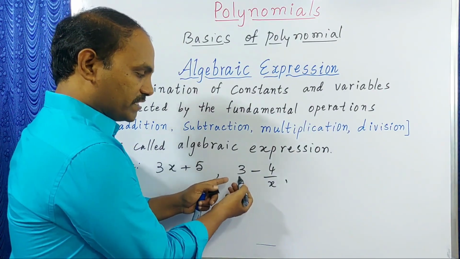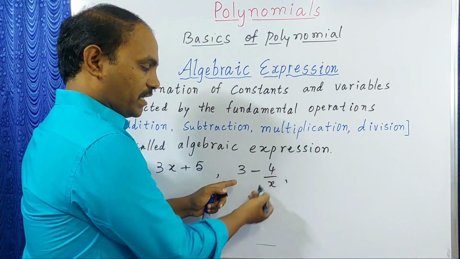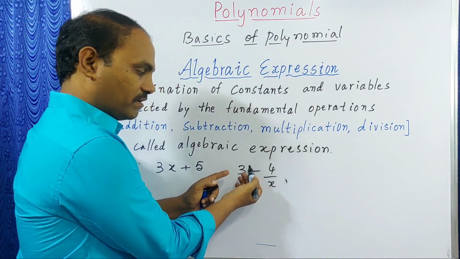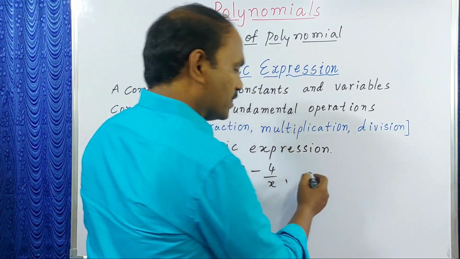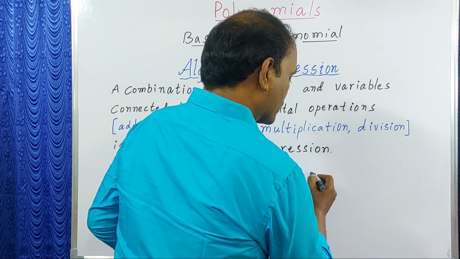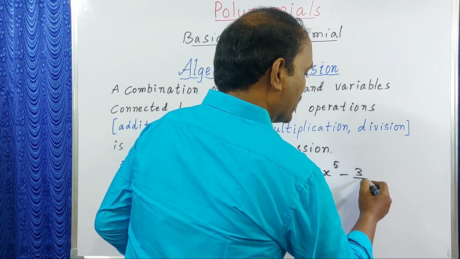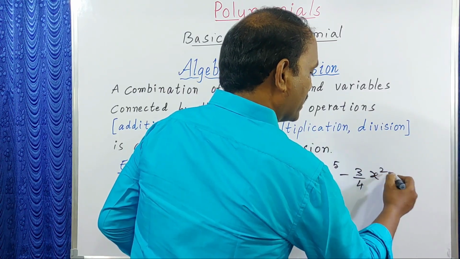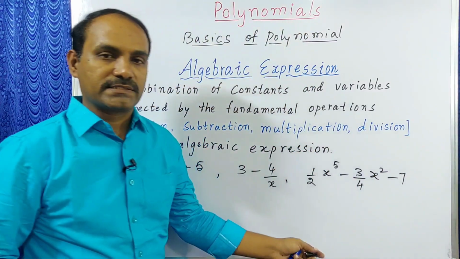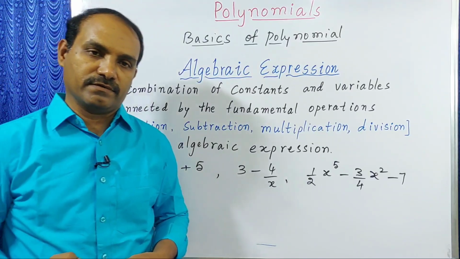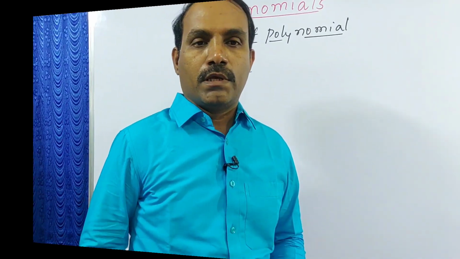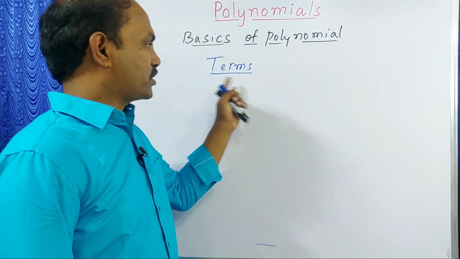Because we use numerical values here, and division and subtraction also. Or like this, 1 by 2 x power 5 minus 3 by 4 x square minus 7. This one is also an algebraic expression. Is it understood?